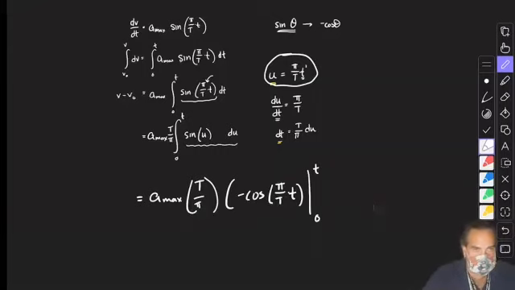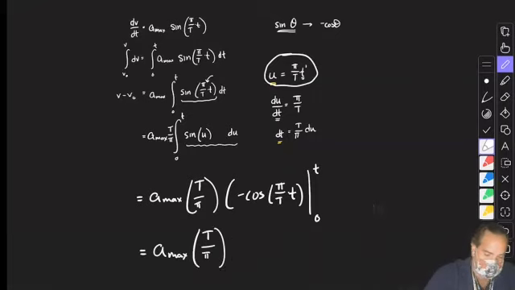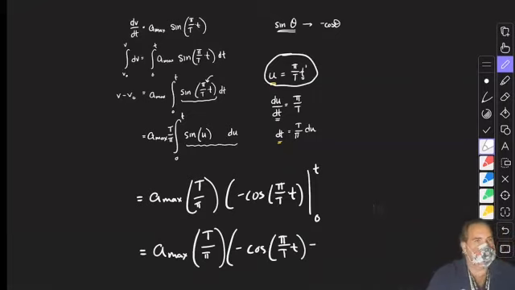No, I don't expect you to be able to do all of this. In fact, I expect even less, because in a minute, we're going to put in my limits. The first one is just putting in t, so that's what I have already. The second one is to put in 0. And what is the cosine of 0? So this is the first limit minus the second limit.